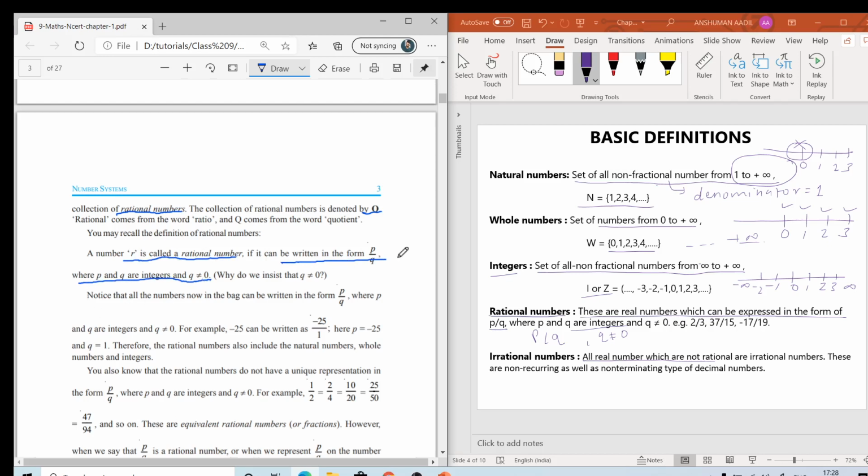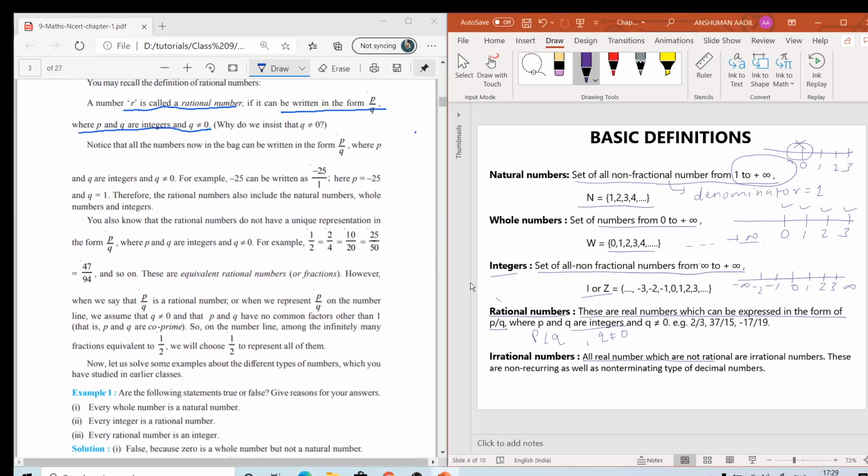One more thing that you must remember here is that p and q must be in the simplest form, that is, having a common factor of only 1.